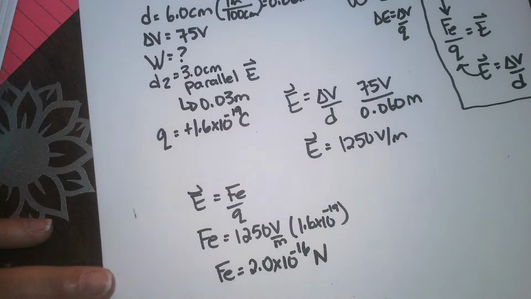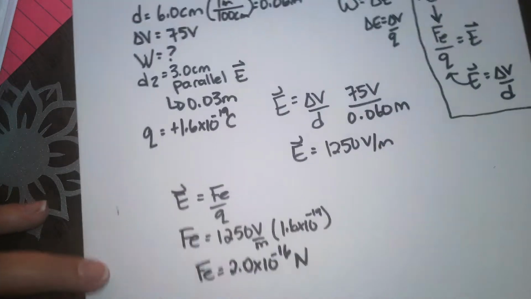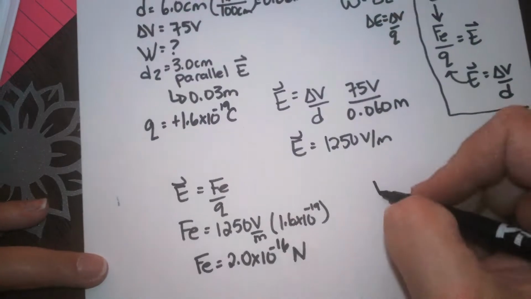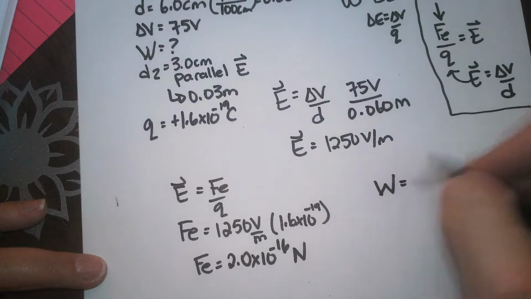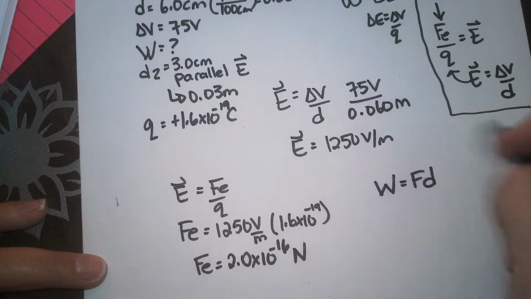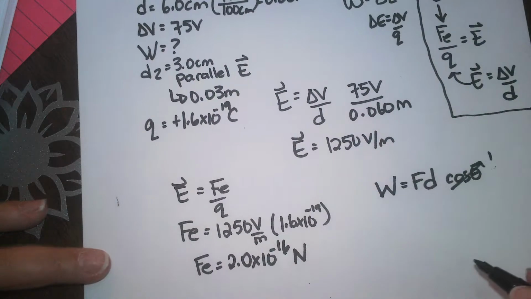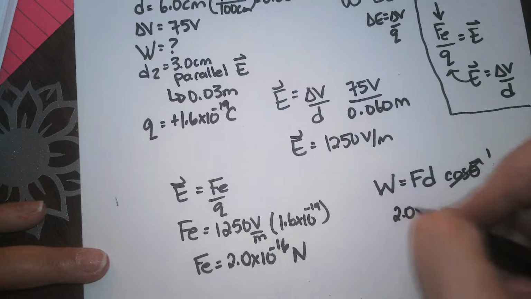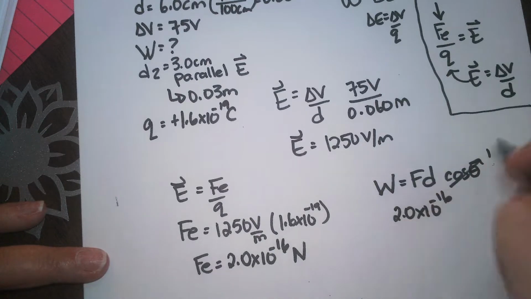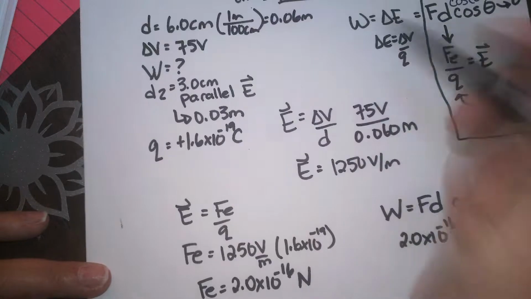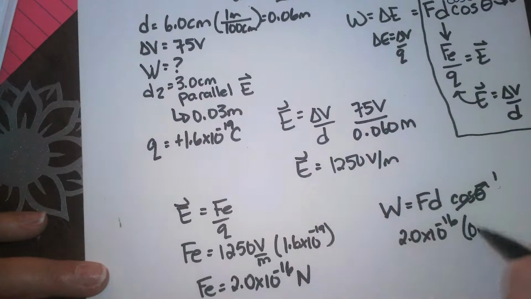Okay. Now that I have figured out my electric force, now I can figure out work. We've already said that cos theta is 1. So anything multiplied by 1 is that number. 2.0 times 10 to negative 16 multiplied by the distance that it moved, 0.03 meters.